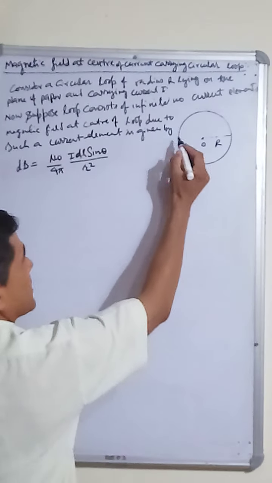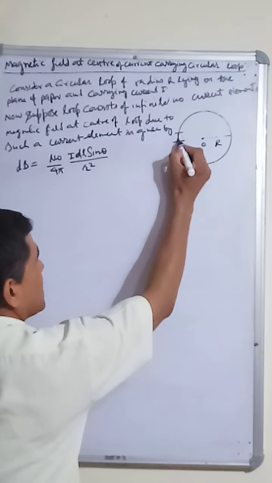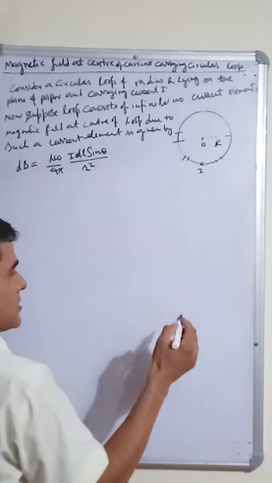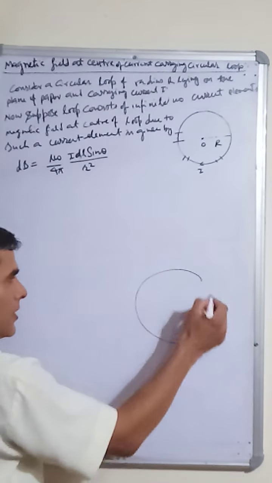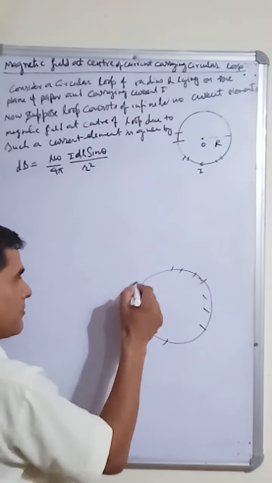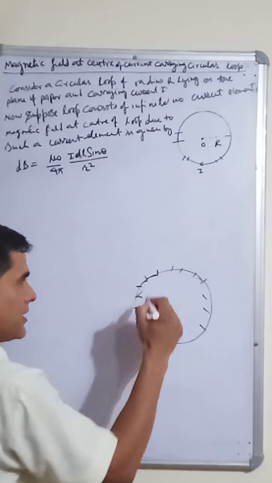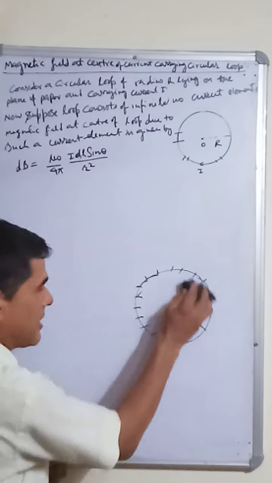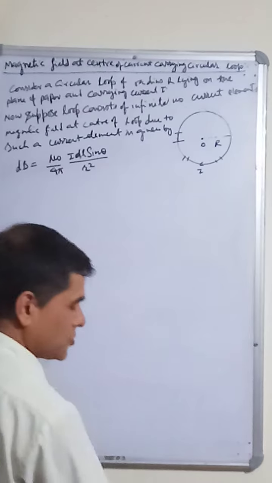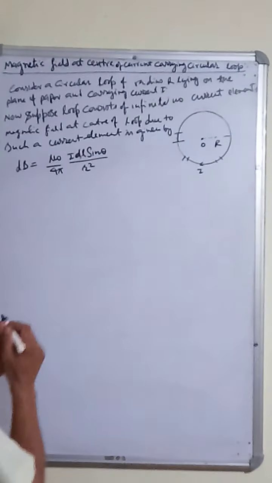We have taken it that the coil consists of an infinite number of current elements all over. Suppose this is a current loop, with infinite current elements like this one, dl. First we find the magnetic field due to such a small current element at the center.